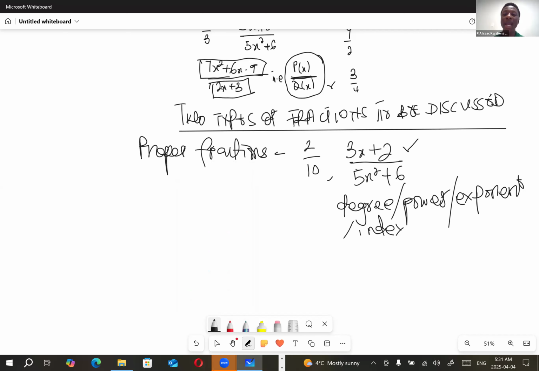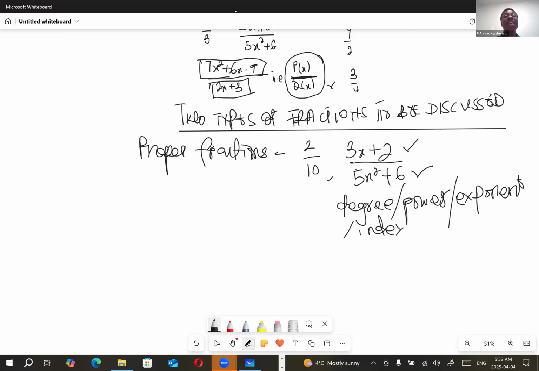Usually when it's 1, we don't write it. So it has a degree of 1. When you come to the denominator, it has a degree of what? 2. Good.